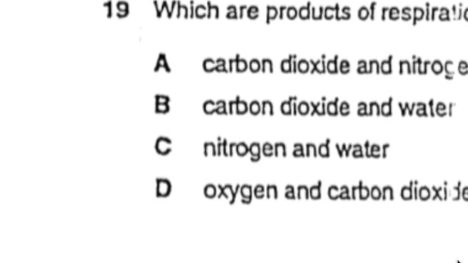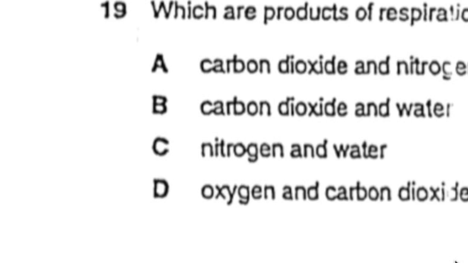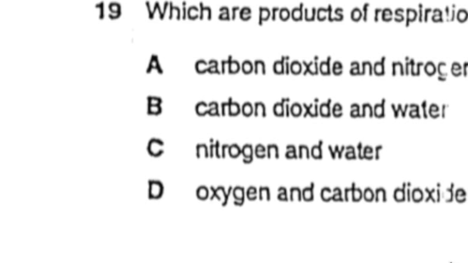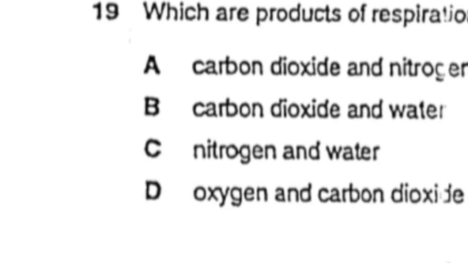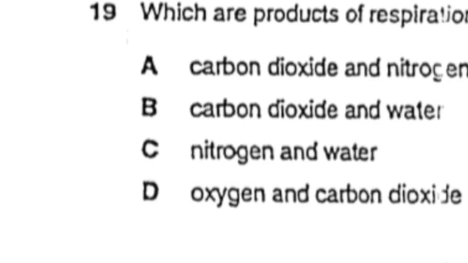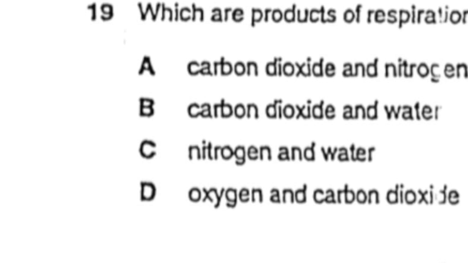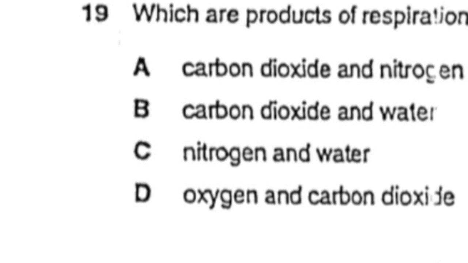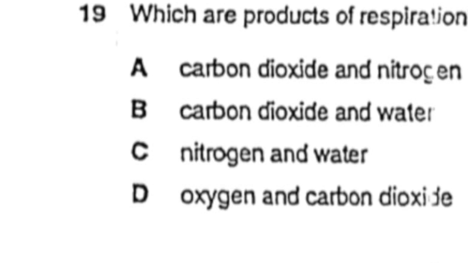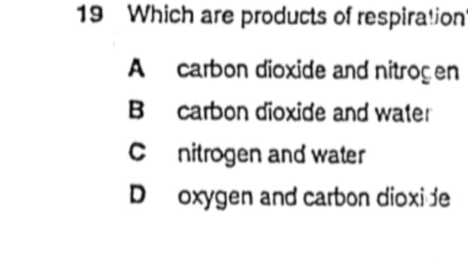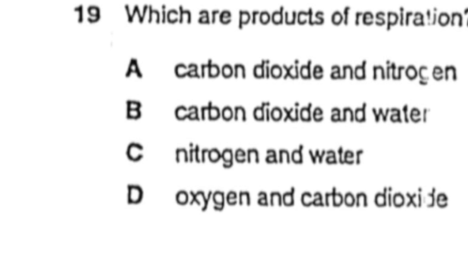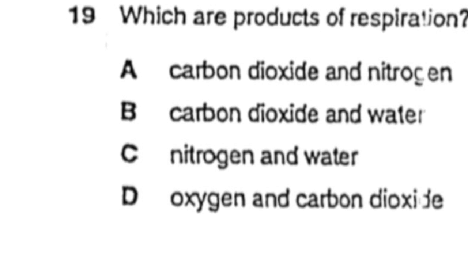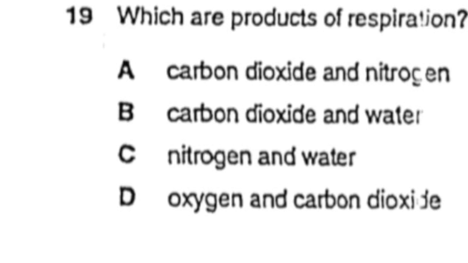Let's jump to C, nitrogen and water. Again, nitrogen is not in respiration. D, oxygen and carbon dioxide. Oxygen and carbon dioxide have nothing to do together in this formula. So we're going back to B. B has carbon dioxide and water. And the formula has 6CO2 plus 6H2O. So these are the products of respiration. So the answer is B, carbon dioxide and water.